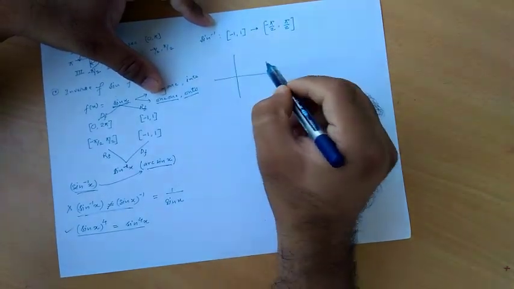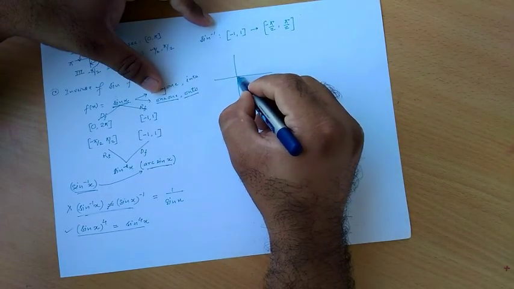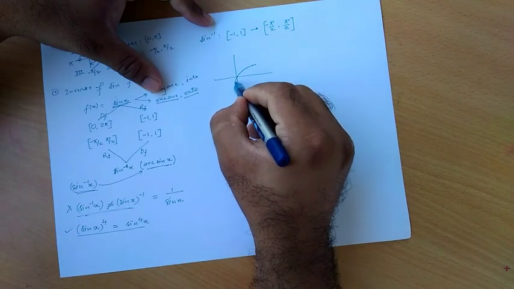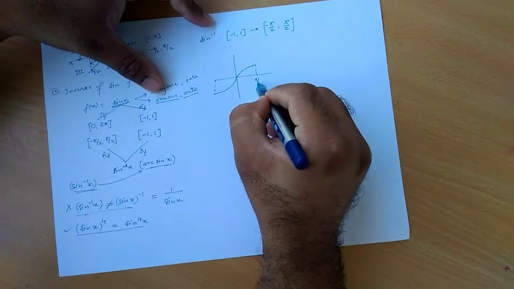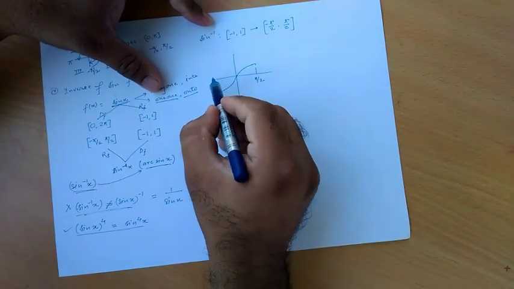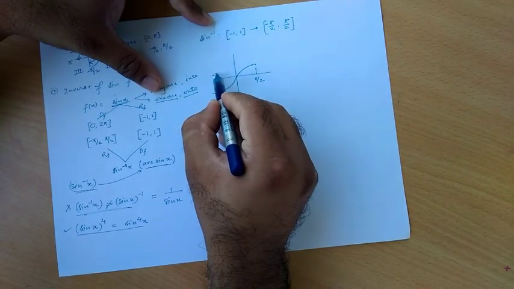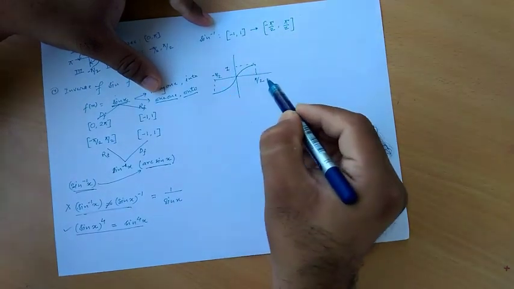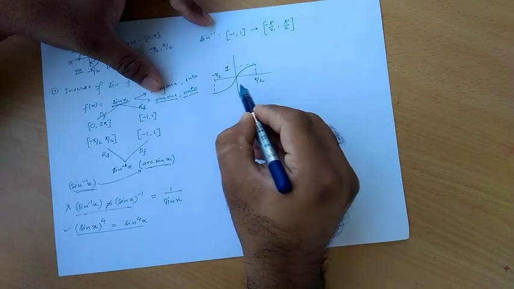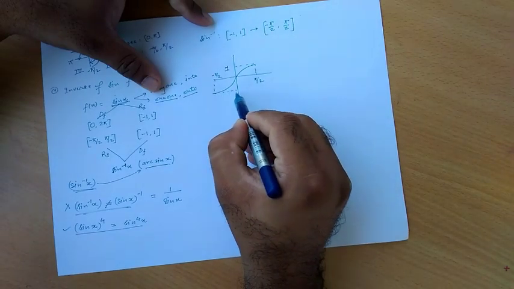Okay, so let us draw the graph. The graph is like this. For sine, this is pi by 2, and on the negative side we consider this as minus pi by 2. This is 1 and this is minus 1.